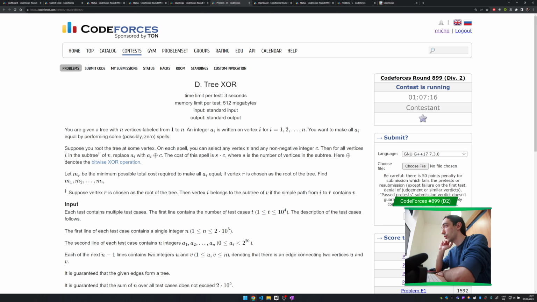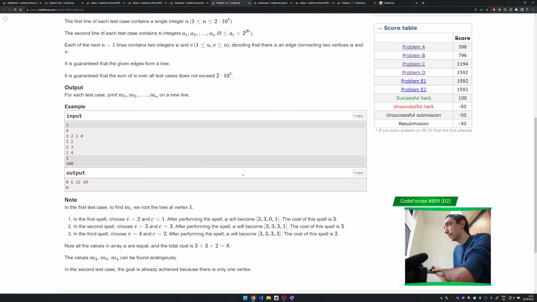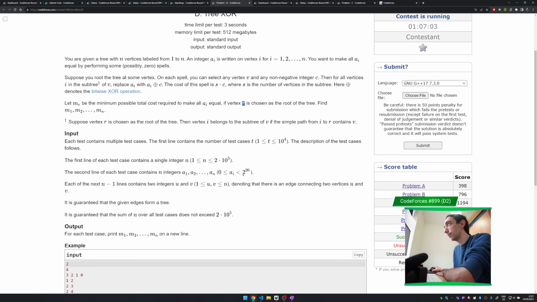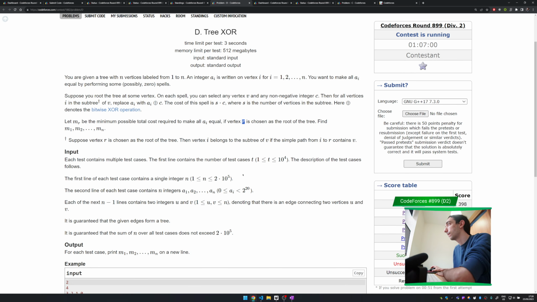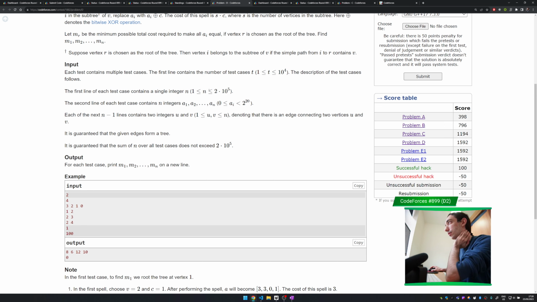Suppose vertex R is chosen as the root of the tree. Is vertex R given? No, I don't see vertex R given anywhere. So there's n, there are these here, and then there is this.